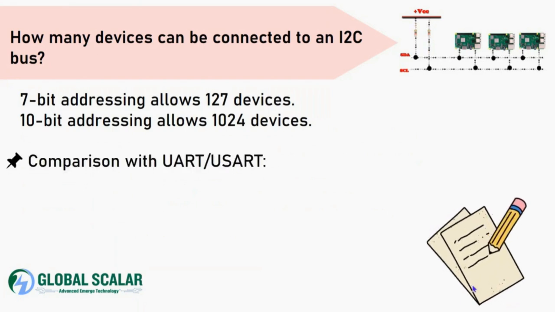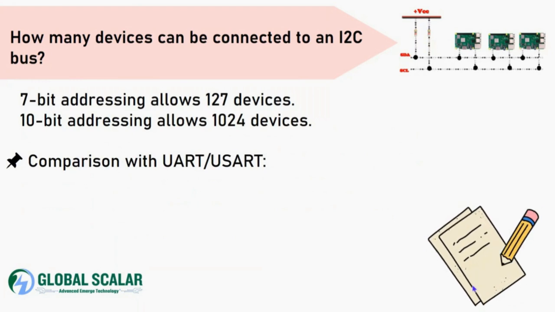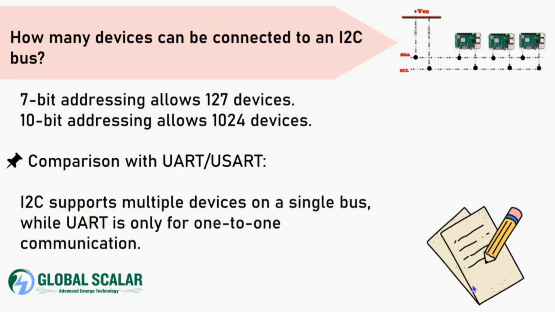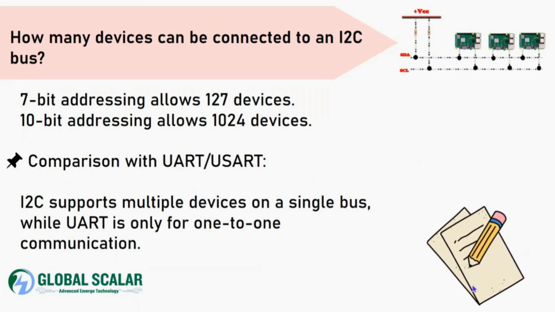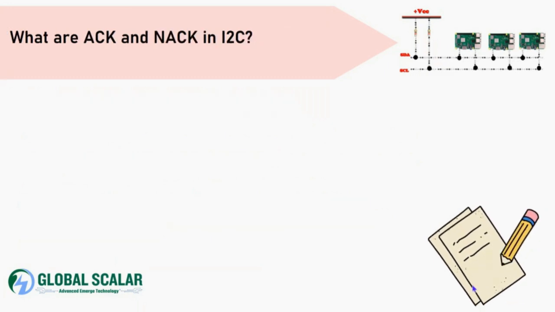Compared to the other protocols, 7-bit addressing allows 127 devices, and 10-bit addressing allows 1024 devices. So I2C supports multiple devices on a single bus, while UART is only for one-to-one communication. This is a difference compared to the UART protocol.